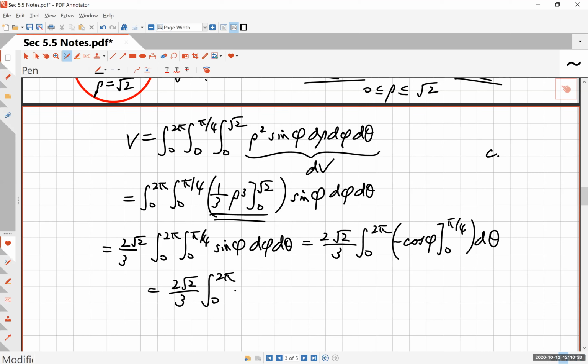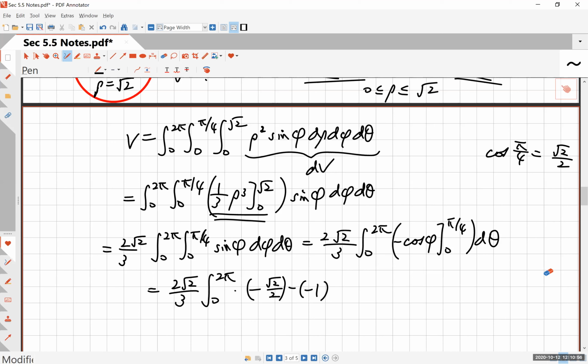What's the cosine of pi over 4? That's the square root of 2 over 2, right? So you have negative square root of 2 over 2, minus, of course, negative 1. And so you have to be careful here, you have a negative sign. You could have moved the negative sign to the front here if you wanted to, but I chose not to do it.